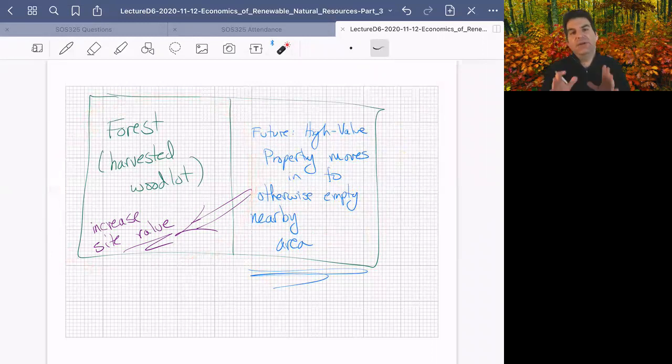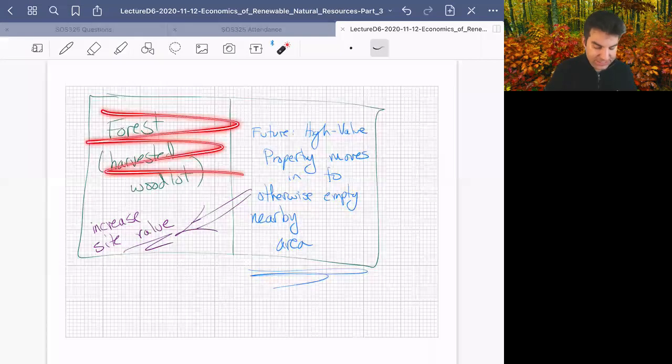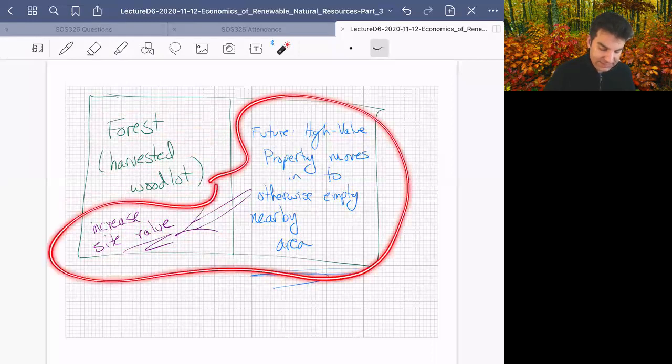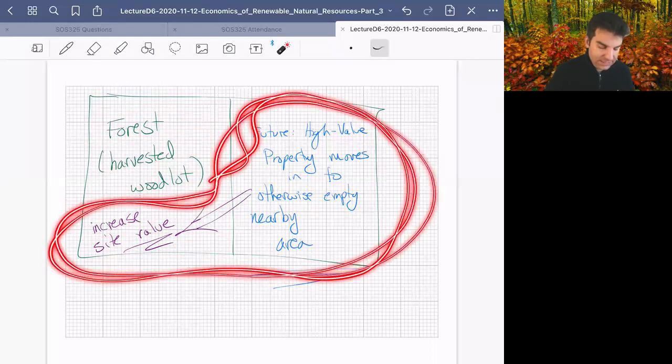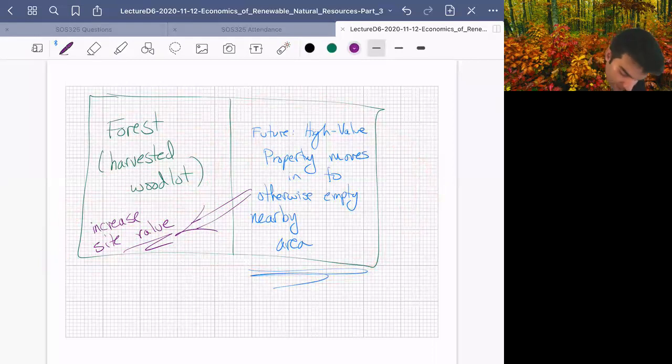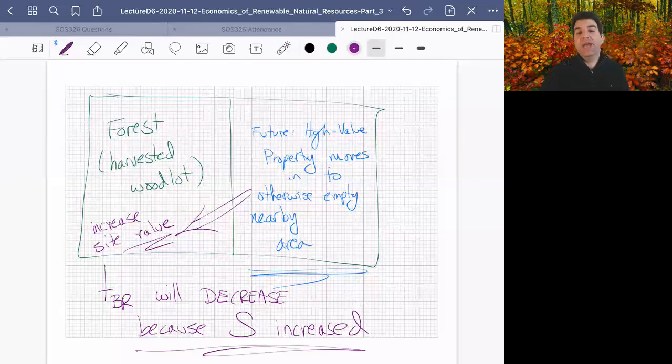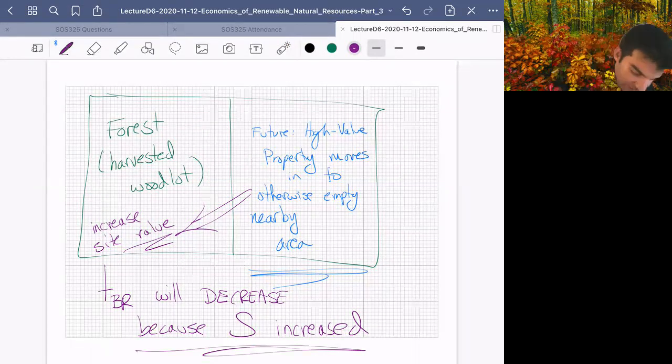And so even if it is still profitable for the timber farmer to continue to farm timber on this particular land, the mere presence of this nearby area will cause the TBR to decrease because the site value increased. So there is an economic ecological effect. This is why these are, again, bioeconomic models.